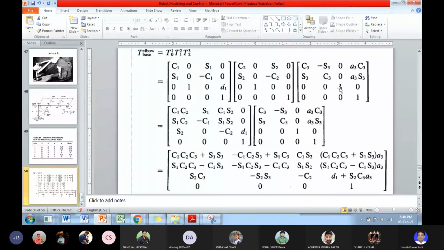So this is the transformation orientation matrix for rotation of angle theta 3, and this is the translational matrix for fixed length of the links, okay. So complete homogeneous transformation for third joint to second joint is this, and elbow to base transformation is obtained after multiplication, okay.